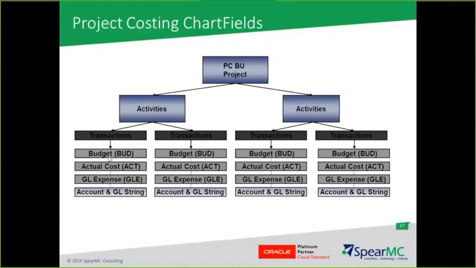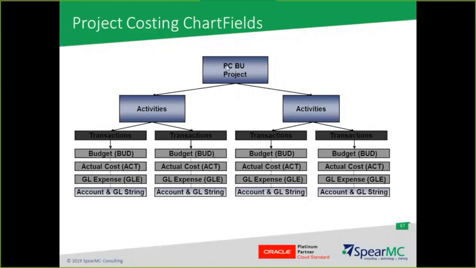So it's a way of identifying what type of transaction it is. Is it a budget? Is it an actual cost? And then each transaction not only will have its DL string, but additional information based on the transaction. So it could be a voucher ID. It could be an employee ID if you bring that information over.